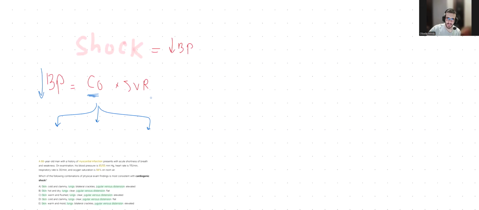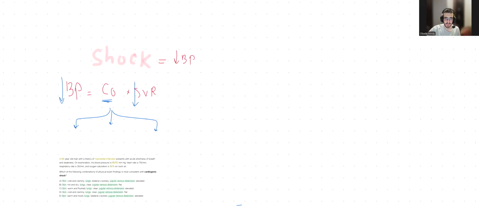But what if we have a low SVR? Well, this is called distributive shock. And distributive shock actually has three subcategories: the septic shock, anaphylactic shock, and your neurogenic shock. But this is not our discussion in this video. Our discussion is basically cardiogenic shock.